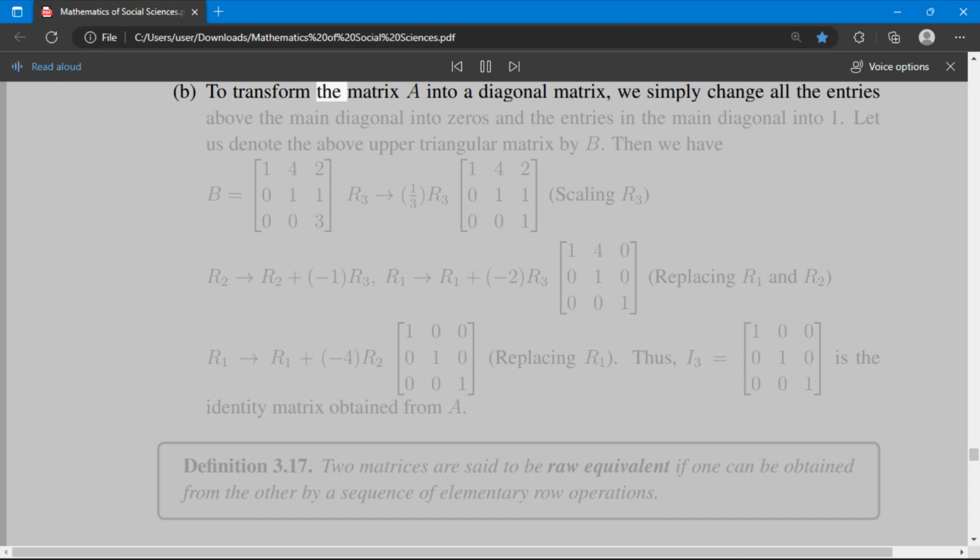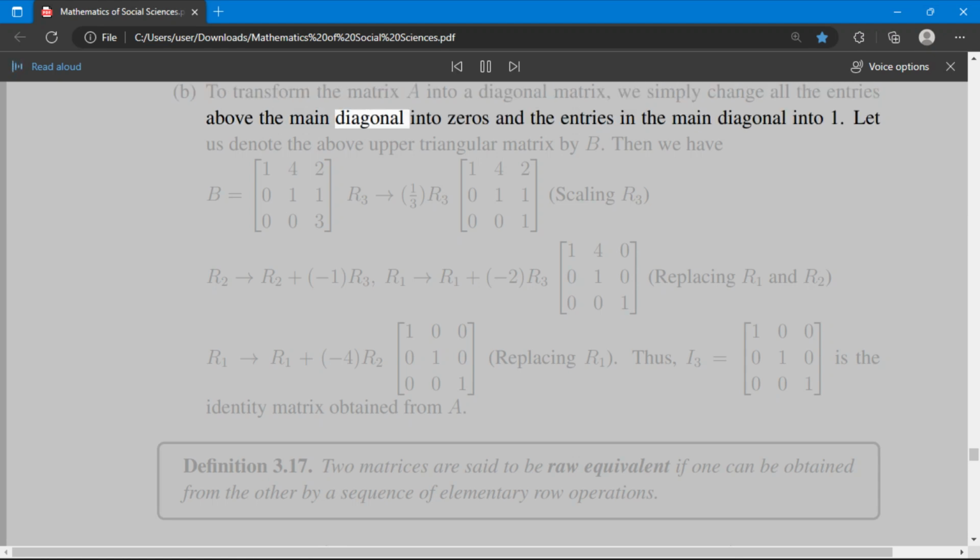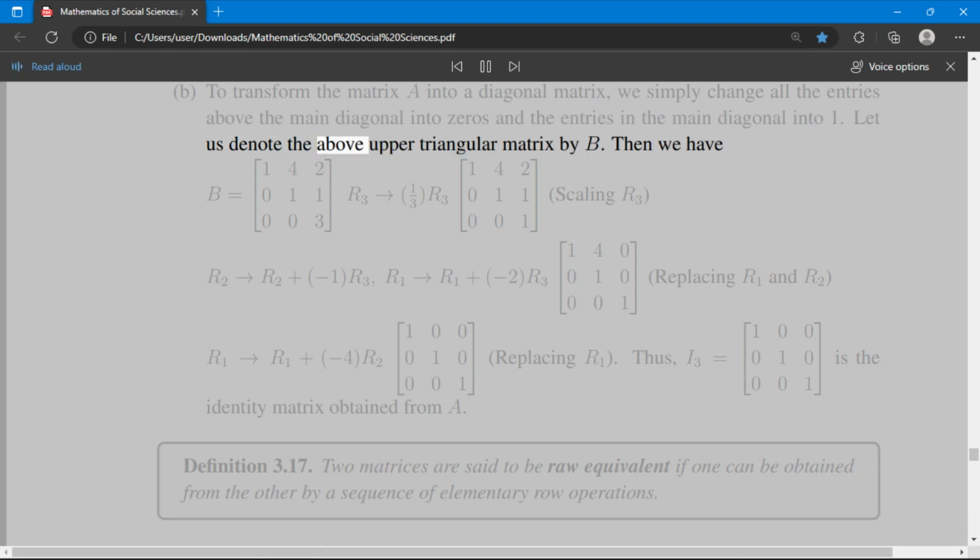B. To transform the matrix A into an identity matrix, we simply change all the entries above the main diagonal into zeros and the entries in the main diagonal into 1.